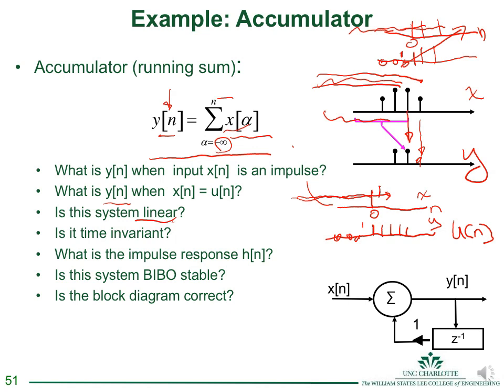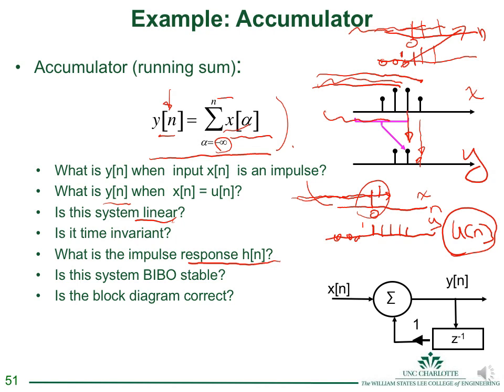You can prove those more rigorously by plugging in the formulas and the definitions of linear and time invariant. So this is indeed the impulse response of the system, u of n, since we calculated that by argument. We've shown that the system is linear and time invariant.